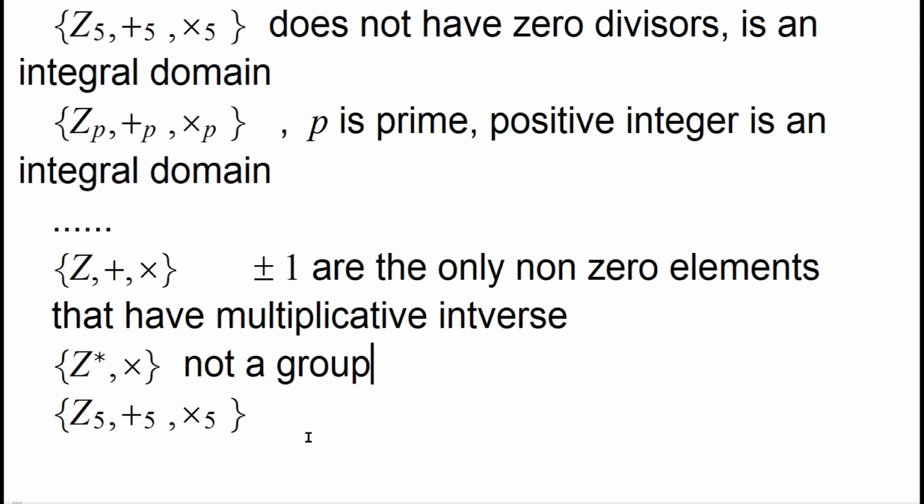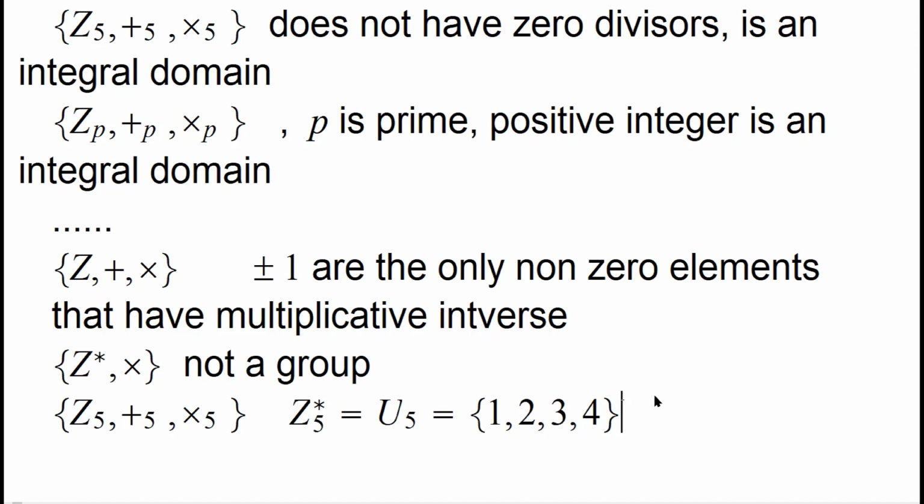However, if we look at this one here, remember there was a name for this Z5 star that we gave, and we called it U5, right? That is the integers modulo 5 that are units, so that have a multiplicative inverse, and they will be just 1, 2, 3, 4.